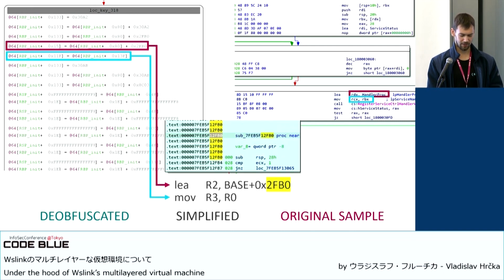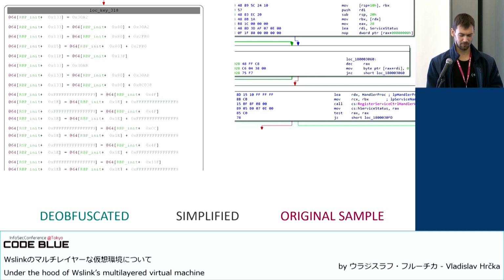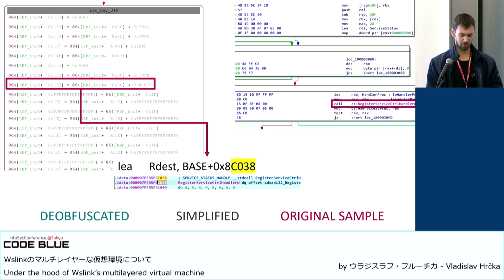When we continue again, we see the base address register used, and this time we find the address of a function and store it inside of a register, and then do a simple move. And after that, we call a function, and in the bytecode we do it in a bit more complicated way.